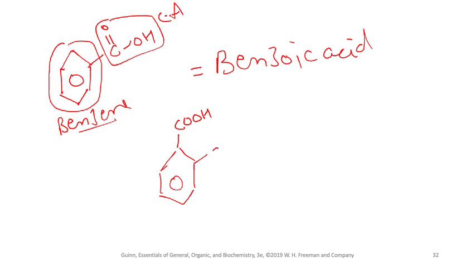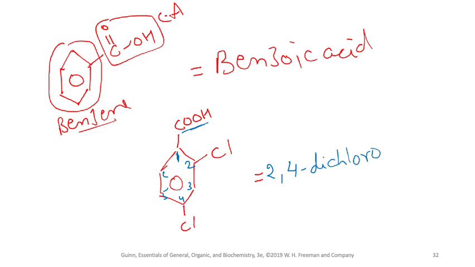If I draw Cl and Cl, what's the name? Then we have to give the number 1 to the carbon that has the carboxylic acid, right? Then 2, 3, 4, 5, 6. So we can say 2,4-dichloro.